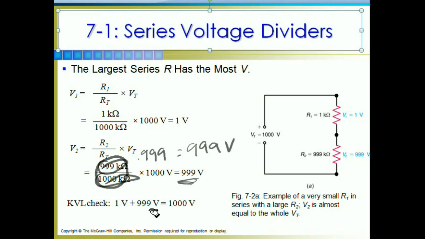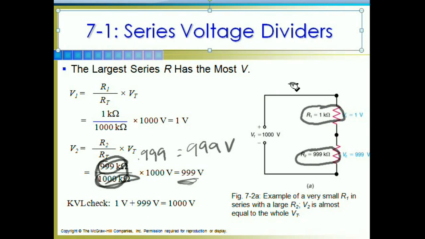Now, the interesting thing here is those values can change, okay?